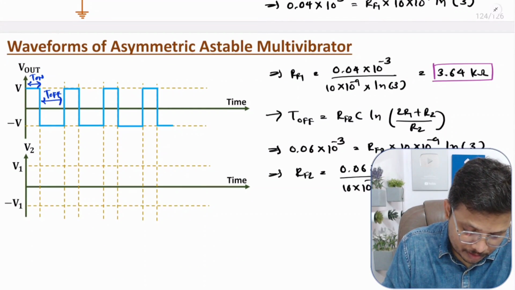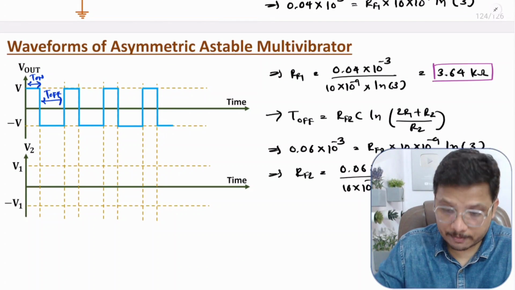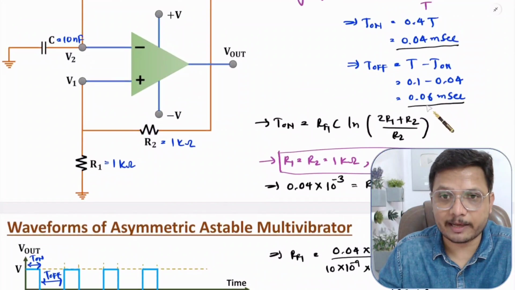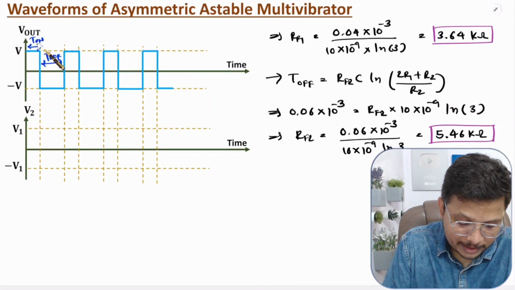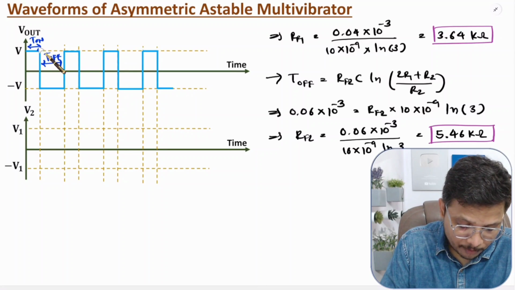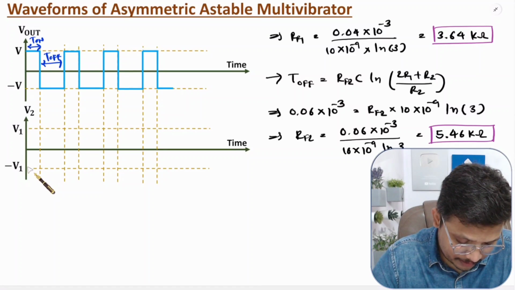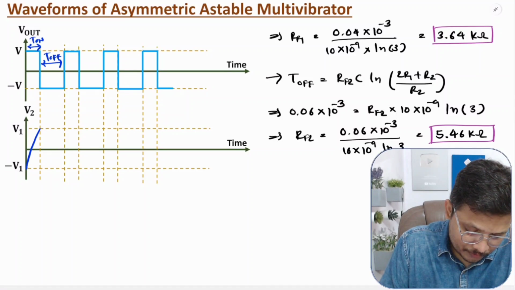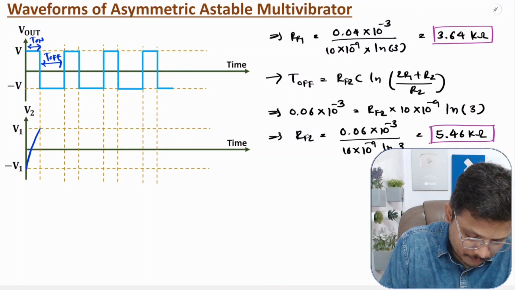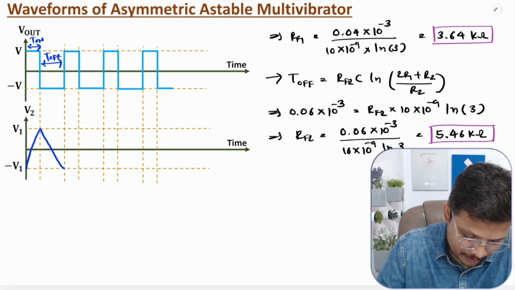And T off is 0.06 millisecond, that even I have explained, right? During the T on time period, the waveform will be increasing from minus V1 to plus V1, and during T off, the waveform will be going from plus V1 to minus V1. That is how the waveforms will be changing, right?